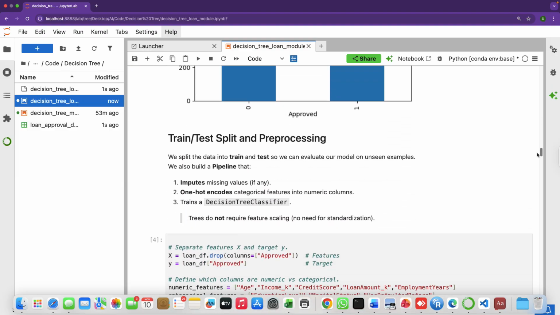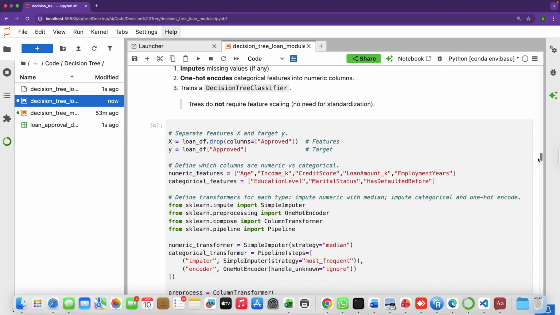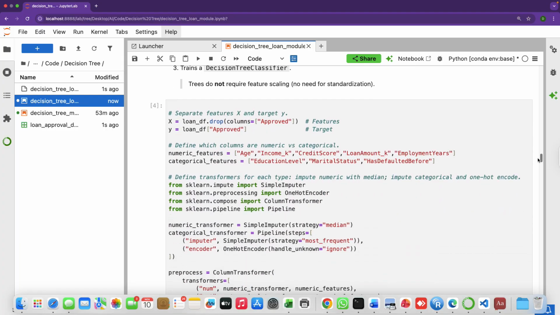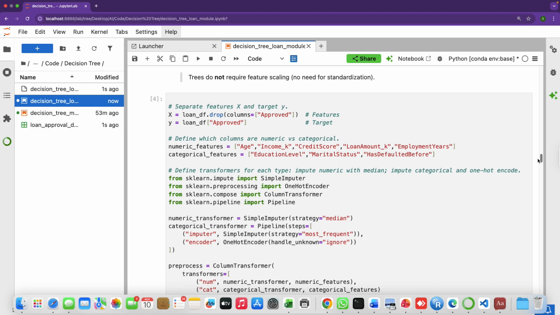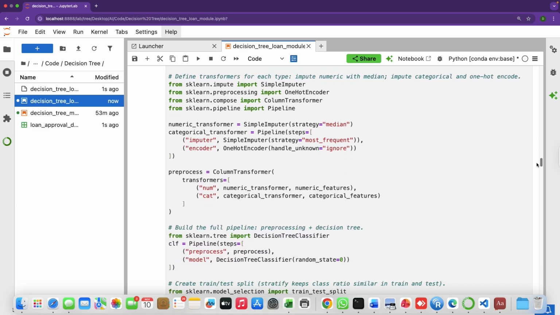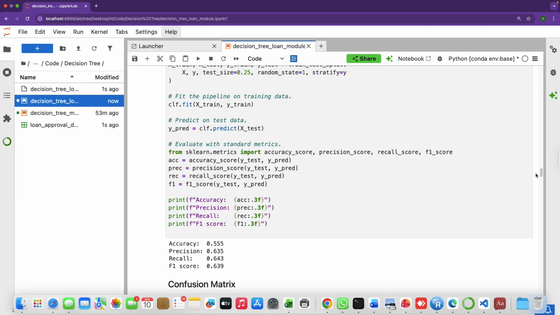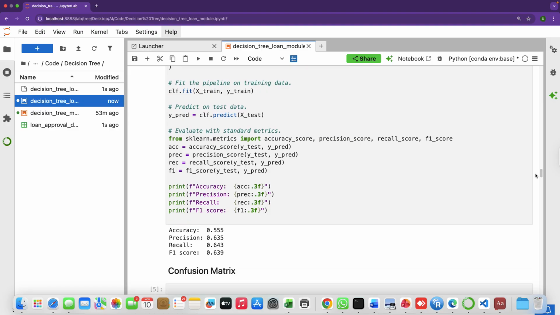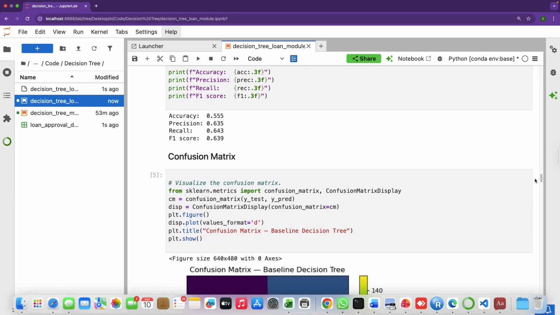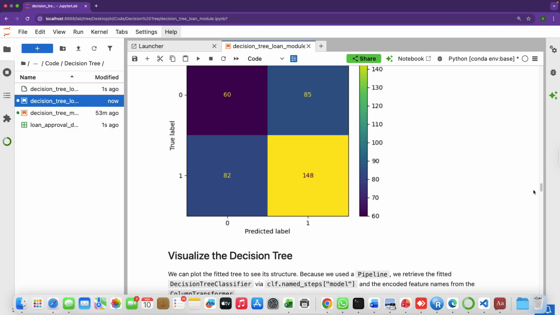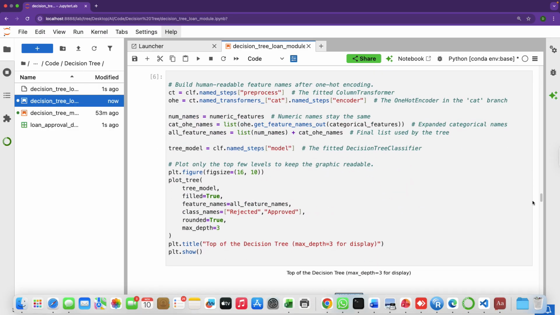First split. And then you go to the second split, and here you can pick the feature that you want, and then you can plot it again. You can train the model, and then calculate the precision and accuracy and everything based on that model, and then create a confusion matrix the same way, and then visualize the decision tree.